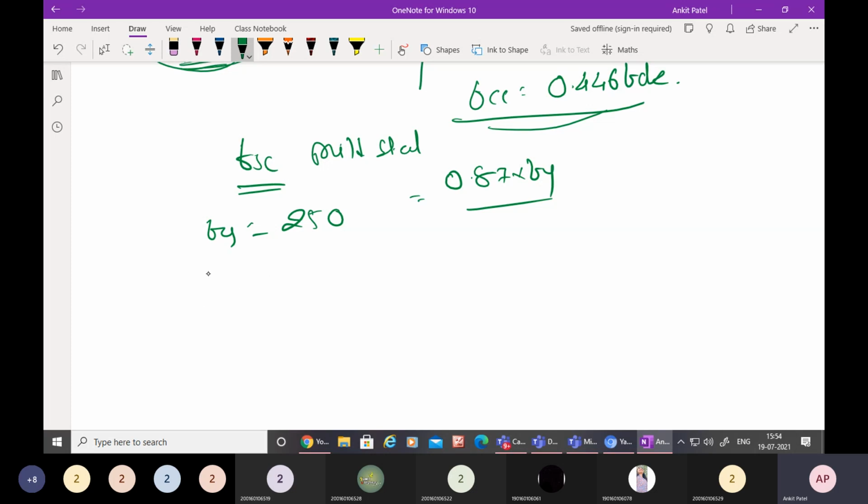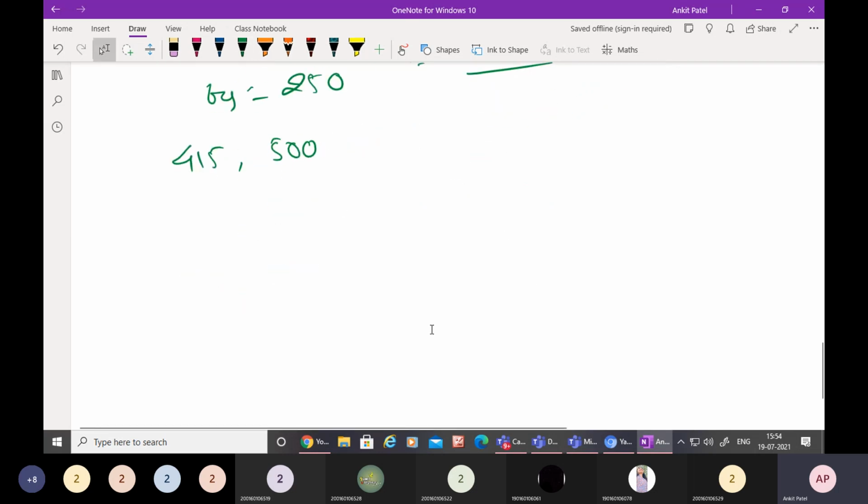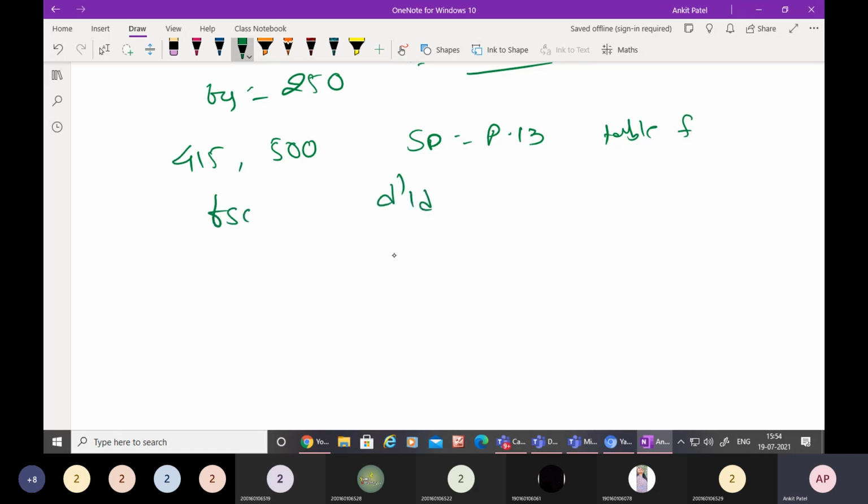Otherwise, for higher grades of steel, for example 415 and 500 and above, you have to follow the SP16 table, page number 13, table F. From this you will be able to get the answer of FSC, and that depends on d dash by d.